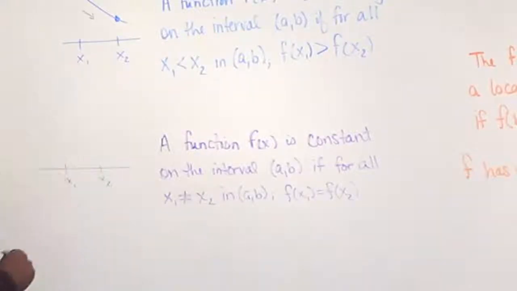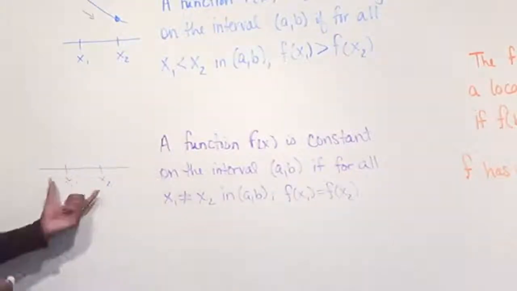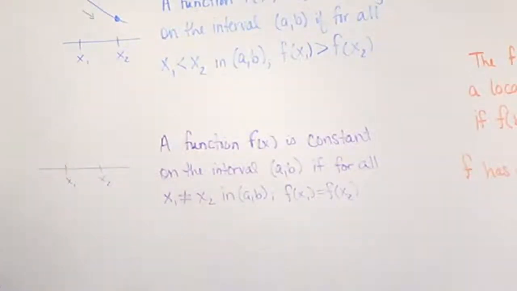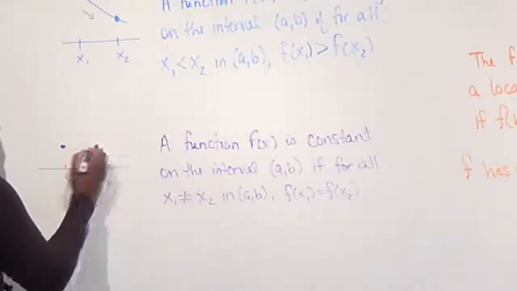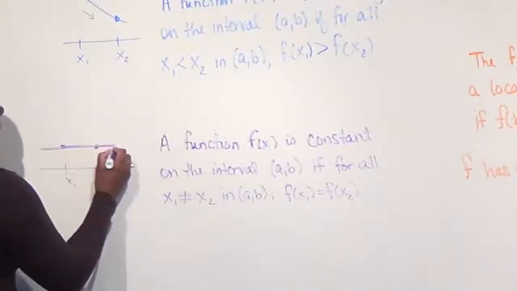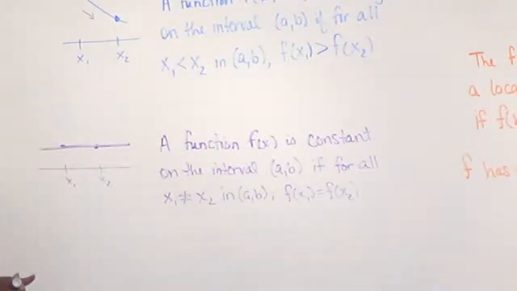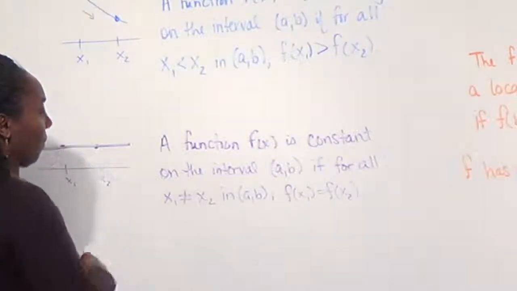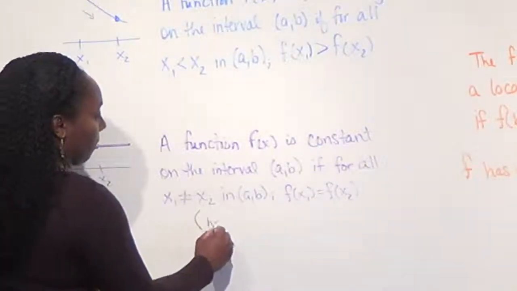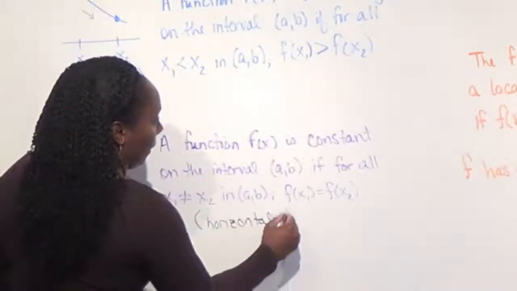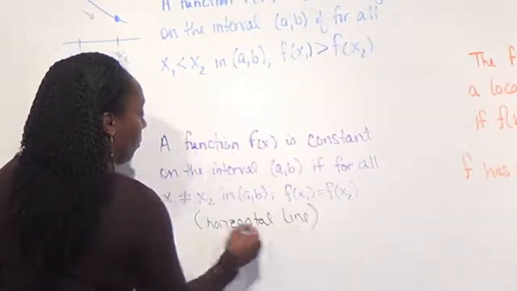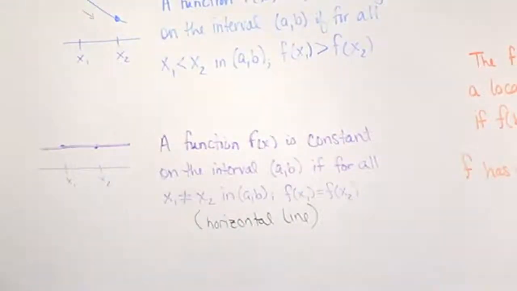Again, it doesn't matter which is less, but if my value here happens to be the same as the value here, then I'm looking at a constant function. And another way to describe a constant function is that we're looking at a horizontal line. That's what the graph of a constant function will look like.